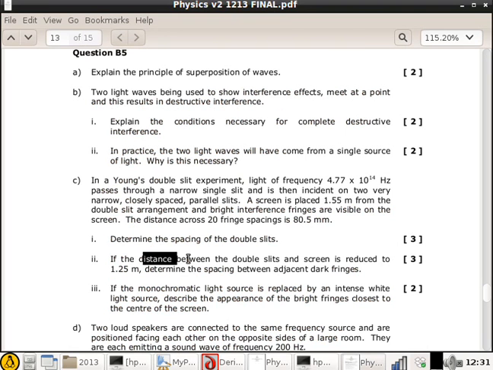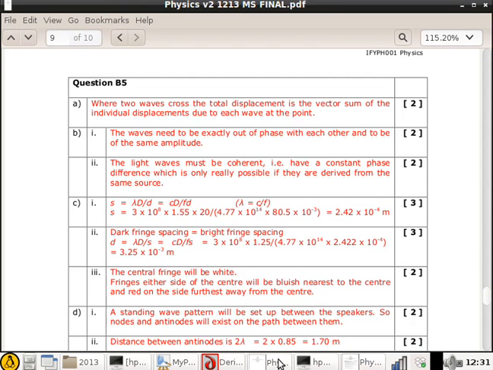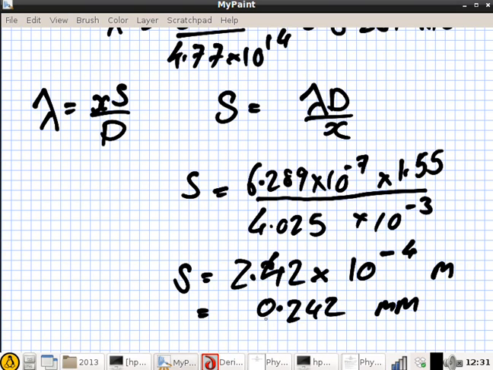If the distance between the double slits and the screen is reduced to 1.25, determine the spacing between the adjacent dark fringes. Also the D is reduced. So yes, now the D is reduced to 1.25. Right, now before I even do it, just look at the formula.